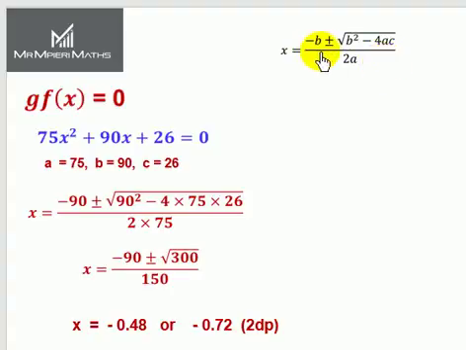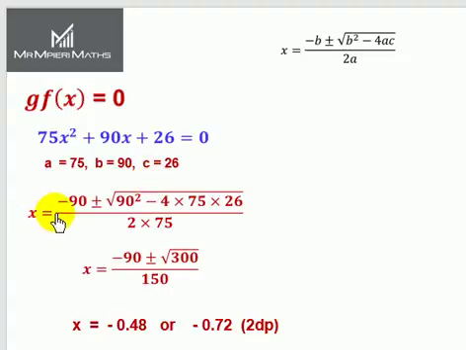And I hope you can remember the quadratic formula. x equals minus b plus or minus square root of b squared minus 4ac, divide the whole lot by 2a. But you're going to understand that a here is the coefficient of x squared here. a is 75. b is the coefficient of x, in this case, it's 90. And c is the constant term, here is 26.